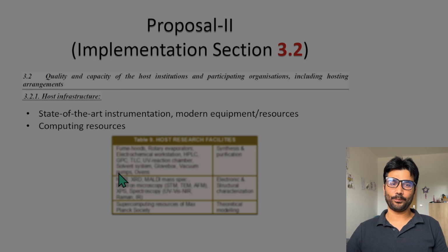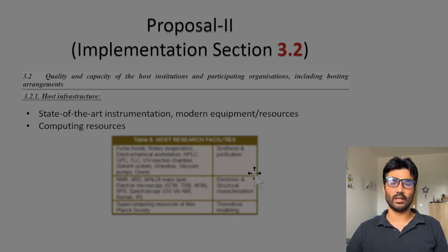Here I show the host infrastructure. I gave a detailed table of my host research facilities and what kind of facilities are available and what will be their purpose. I made just two columns in it, all the resources and their purpose.